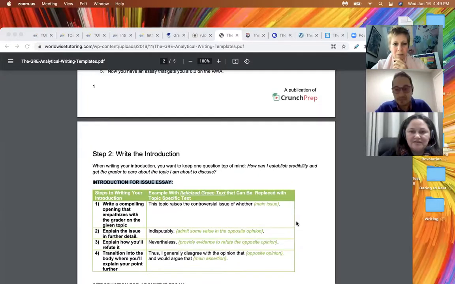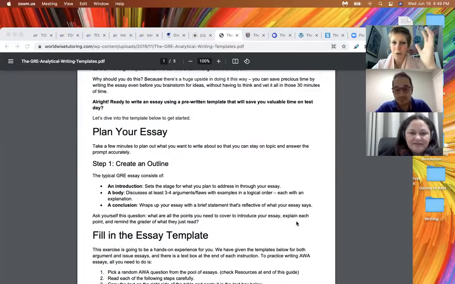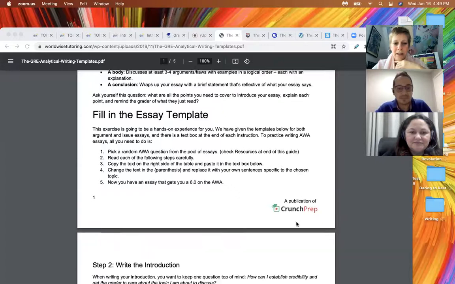so Solange, I have a template. I'm going to put it in the chat and I'm going to share it with everyone. But since you're thinking of this right now, the template goes through, and I'm just going to share my screen one moment just so you can see. What it does is it tells you some ideas about how to plan.